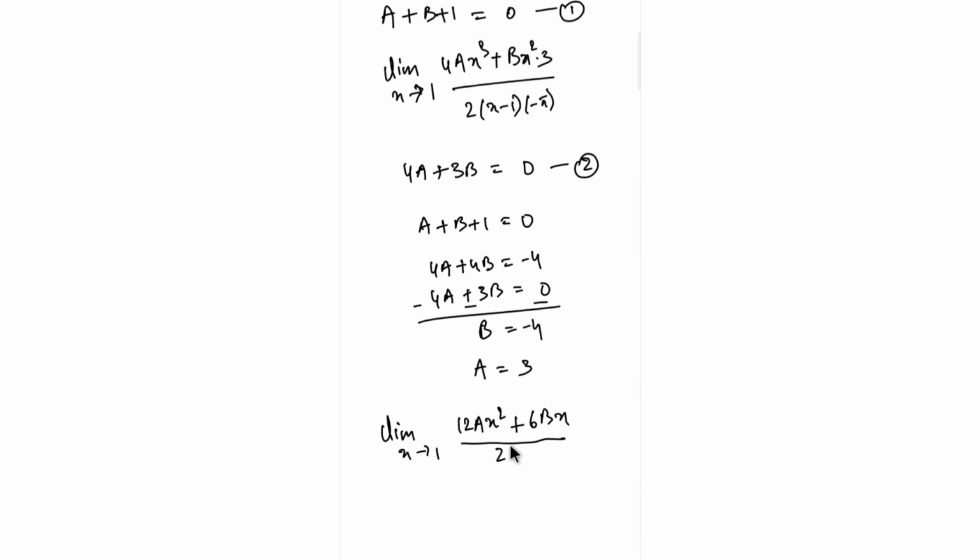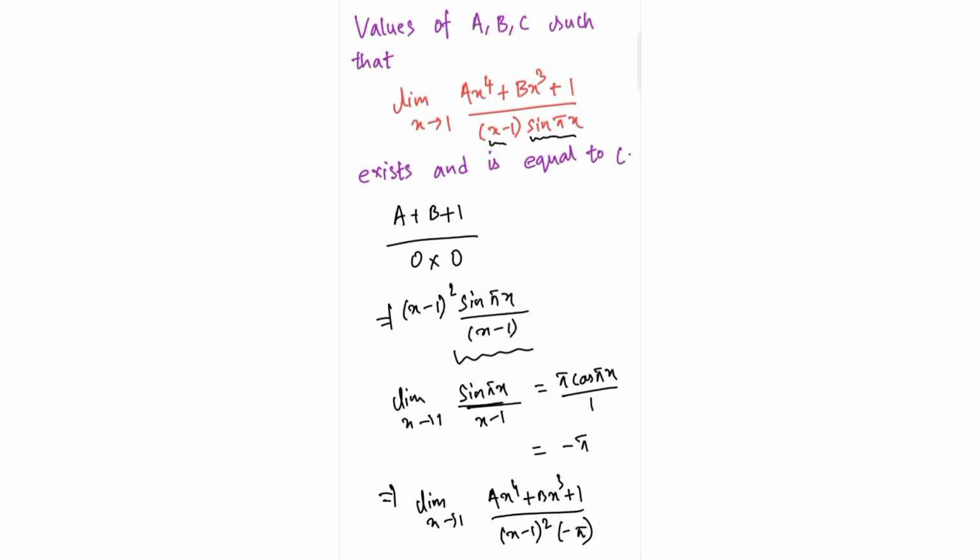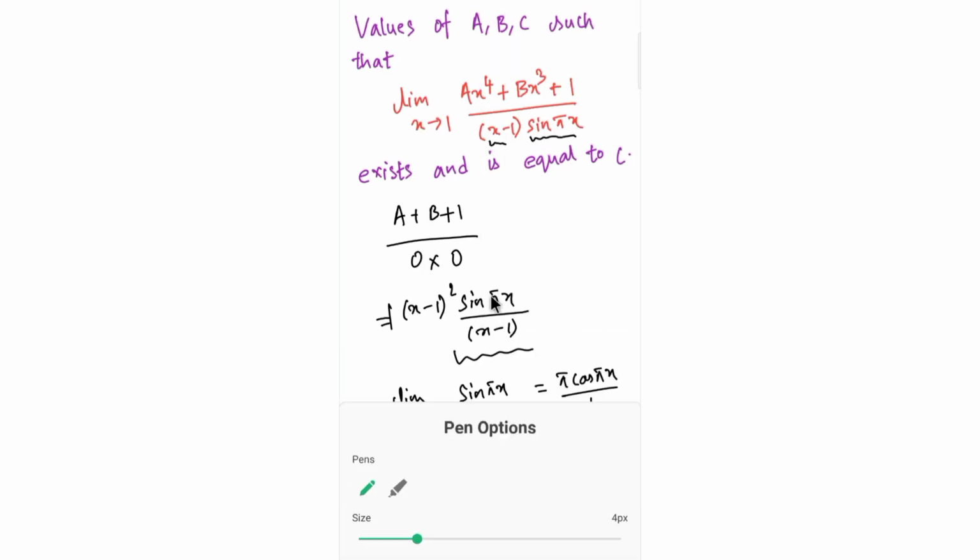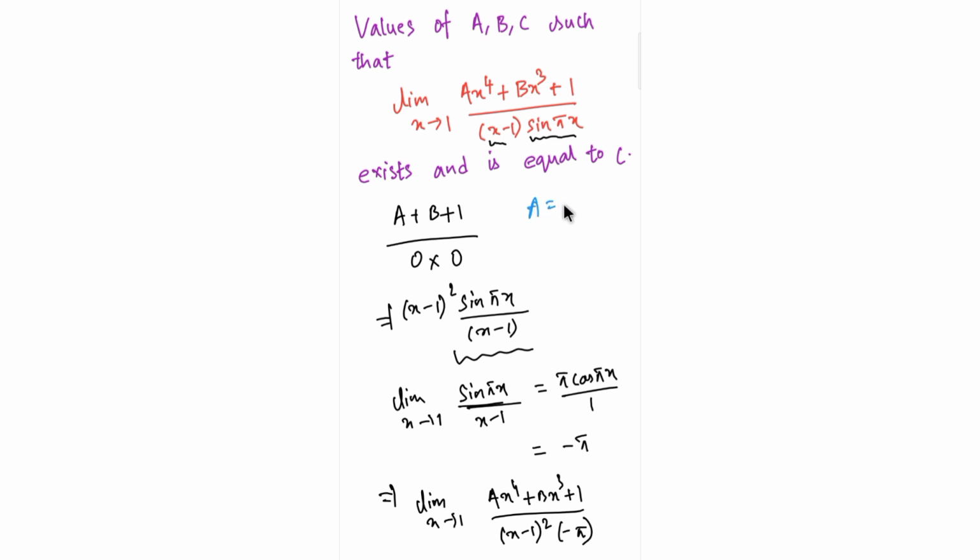So this is what we're going to get. Now just substitute 1, you get 12a plus 6b divided by minus 2 pi, isn't it? What are the values of a and b? 3 and minus 4. On substituting, you get the answer to be 6 minus 6 pi. So the answers are a equals 3, b equals minus 4, and c is equal to minus 6 by pi.